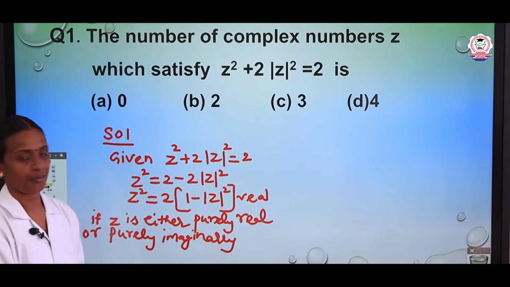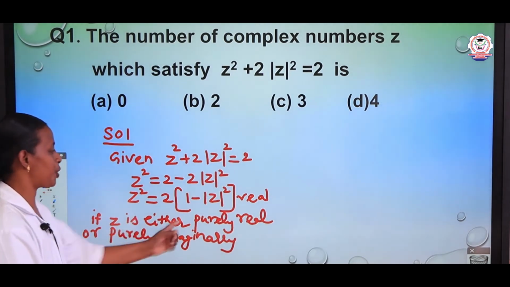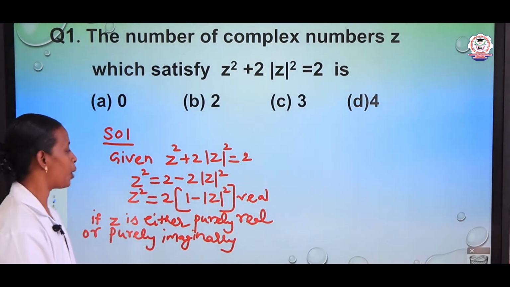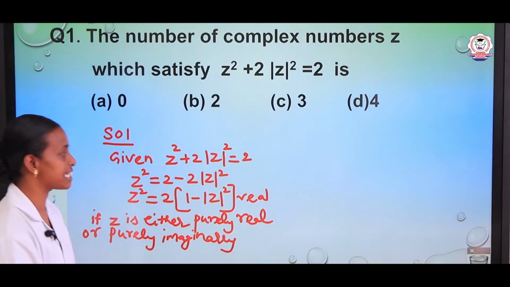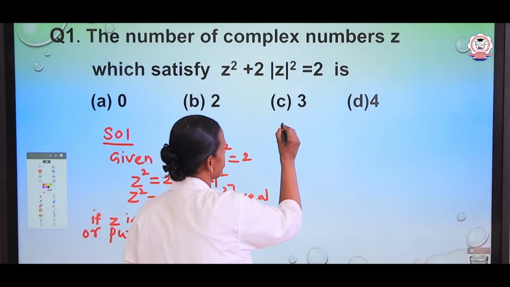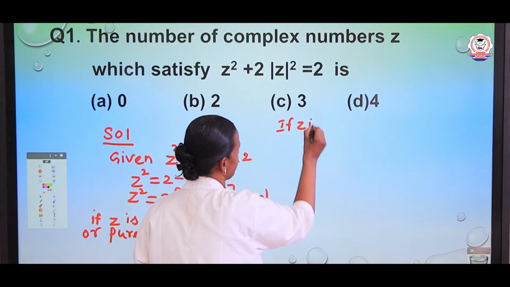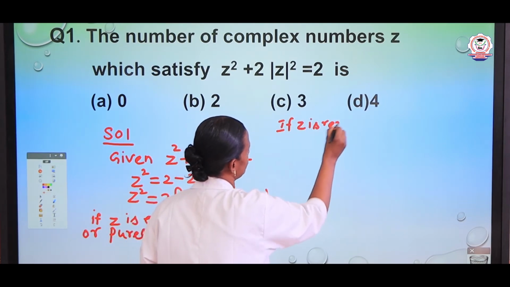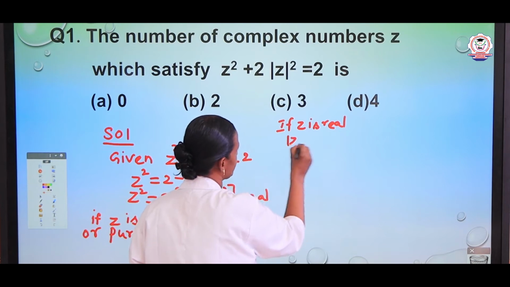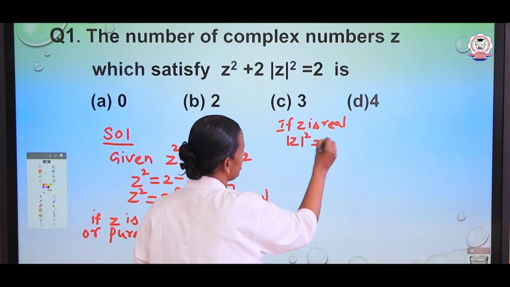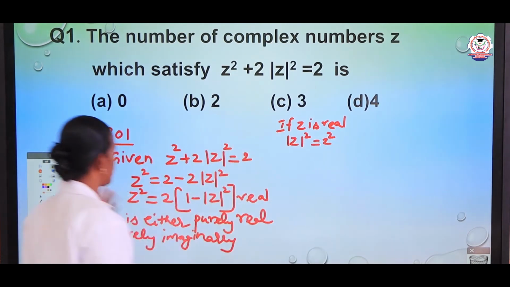Suppose Z is purely real. What happened? Modulus of Z square is nothing but Z square. Real means case 1. If Z is real, modulus of Z square is simply Z square. What will happen here?